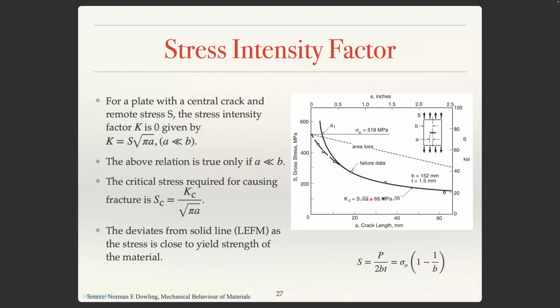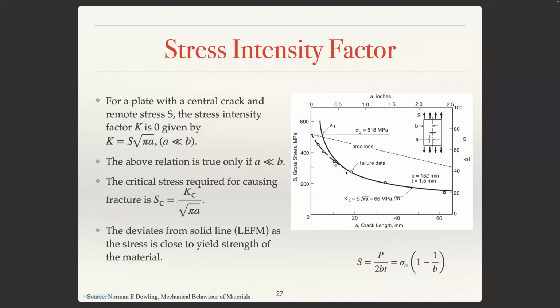From there you can calculate S, whatever you are applying, and you will get 66 MPa root meter. And S is P by 2 b t, that is equal to sigma naught into 1 minus a by b, where sigma naught is, when there is no crack, the theoretical threshold crack length.